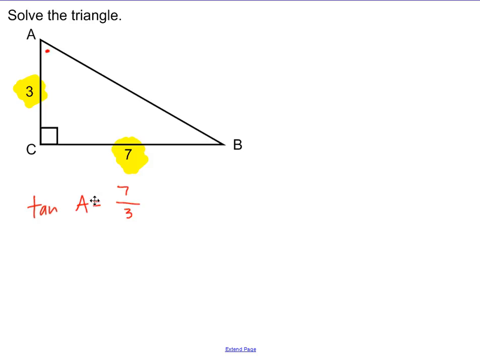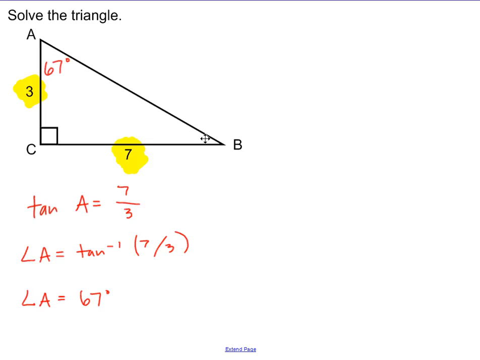Since I'm finding an angle, I need to make sure that I'm using the inverse tangent of 7 over 3. And when I put that in my calculator, since it's an angle, I'm going to round to the nearest degree. I get 67 degrees. So this angle, angle A, is going to be 67 degrees.